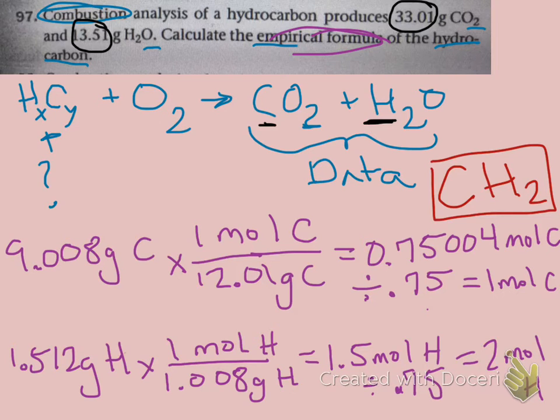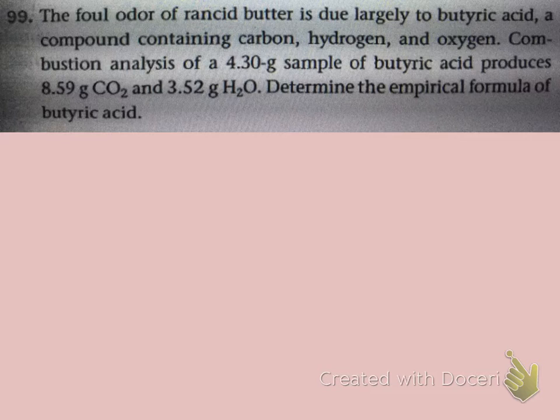Now I'm going to do question number 99. 99 is very, very similar. We are still trying to find the empirical formula. The only difference is butyric acid is a compound containing carbon, hydrogen, and oxygen. We're told that combustion analysis of a 4.3 gram sample of butyric acid produces 8.59 grams carbon dioxide and 3.52 grams of water.